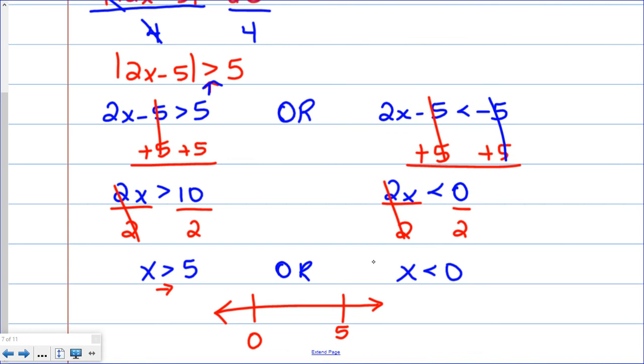So 5 is going to have an open circle because it's just greater than, and it's shading to the right. Okay, now if we look at 0, x is less than 0, so less than's to the left. It's just less than, so we have an open circle on 0, and we shade to the left. And there we go. Go ahead and highlight your answer.